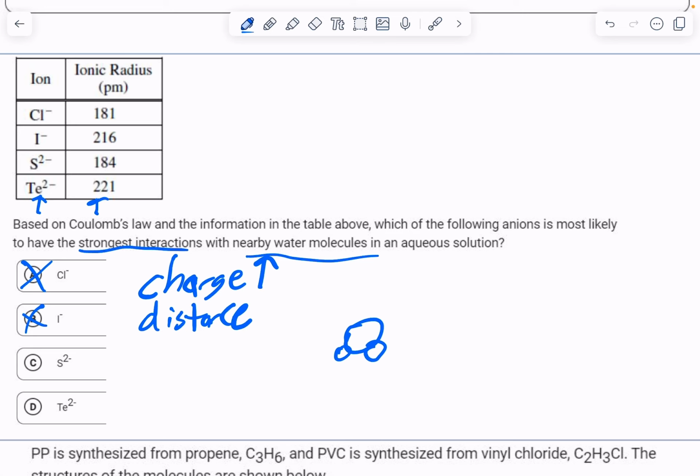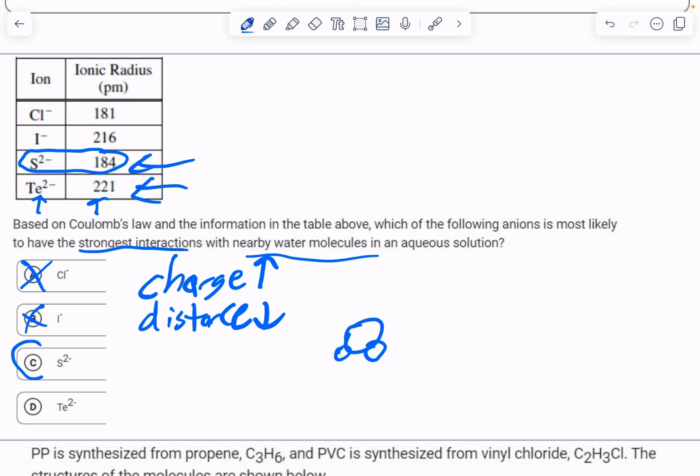The closer that ion can get to the water molecule, the stronger that interaction is going to be. We learned that in Coulomb's law, the higher the charge and the smaller the distance, the stronger the interaction. So comparing these two radii, we're going to choose the one that's a smaller radius.